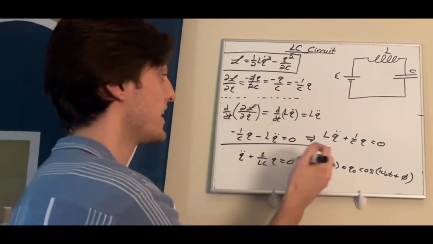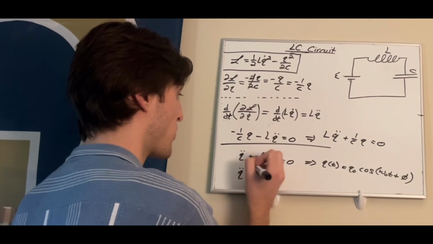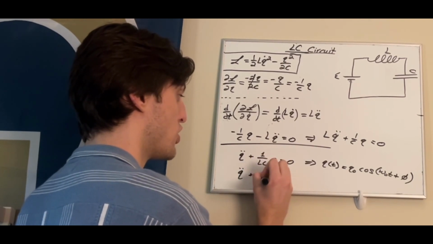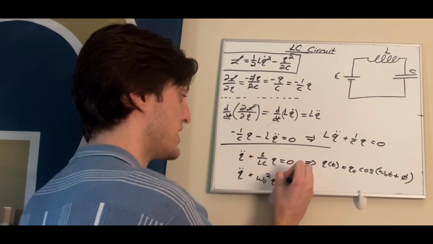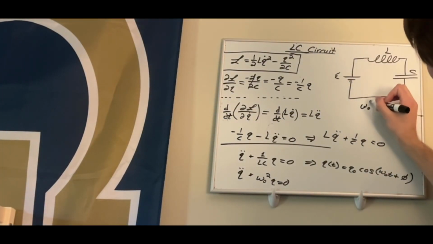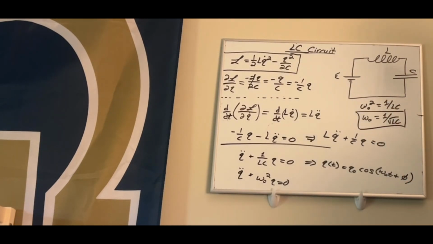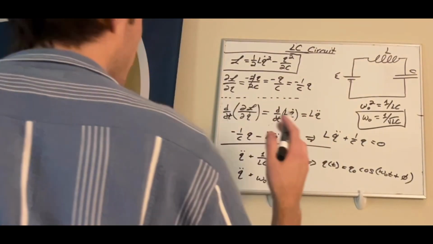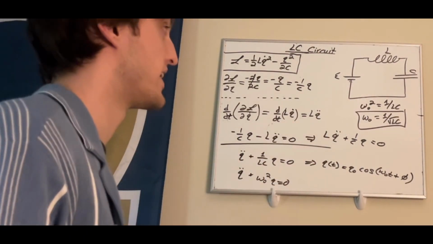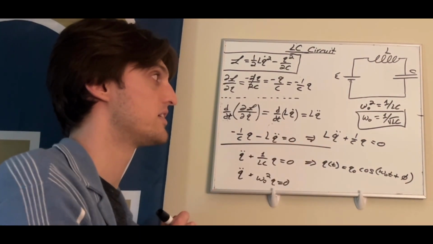Omega naught comes from rewriting this as 1 over omega naught squared q equals 0. So if omega naught squared equals 1 over LC, then omega naught equals 1 over the square root of LC, which gives us a resonance frequency, which is the angular frequency, which matches circuit analysis theory of the resonance of an LC circuit.